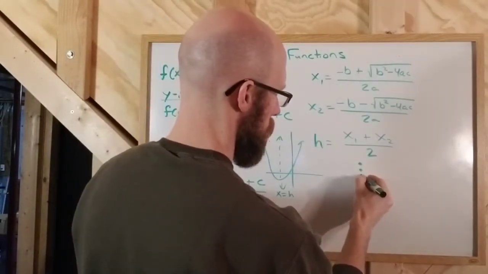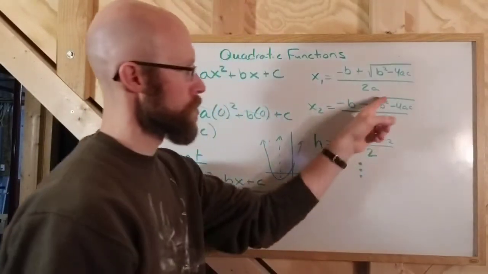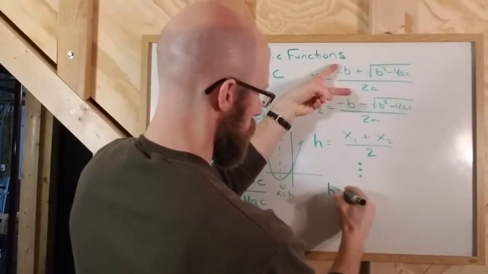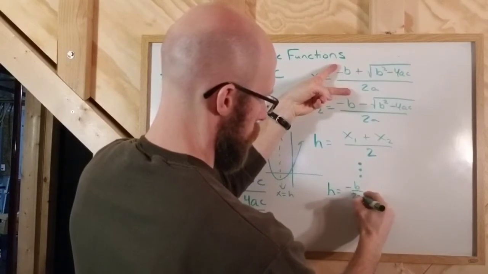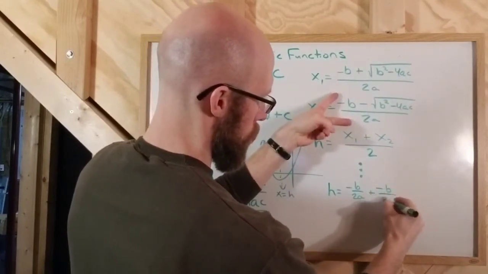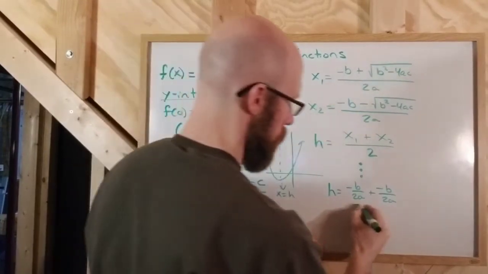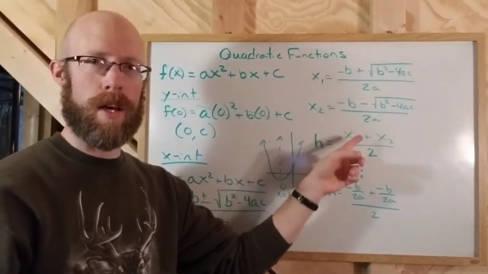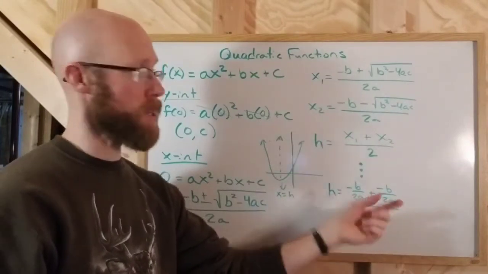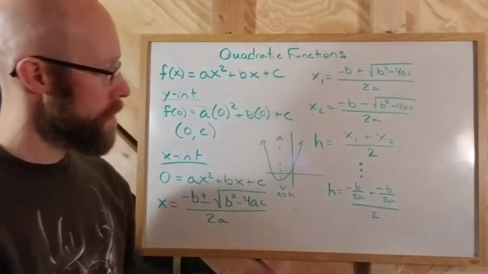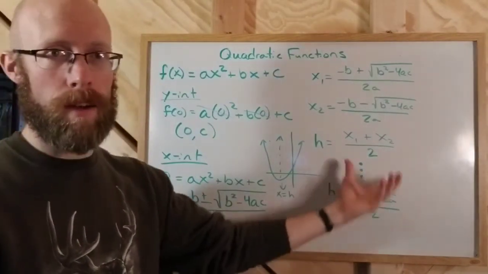When those roots drop out, I'm just going to have the negative b over 2a plus another negative b over 2a, all divided by 2, right? The two x-intercepts kind of reduce down to these two expressions when the roots add out to 0, okay?